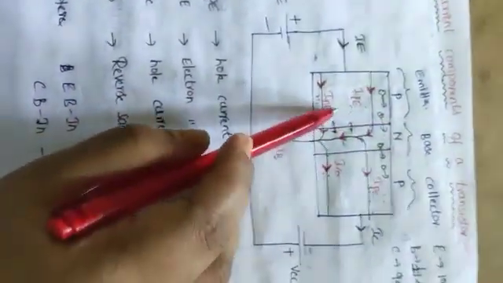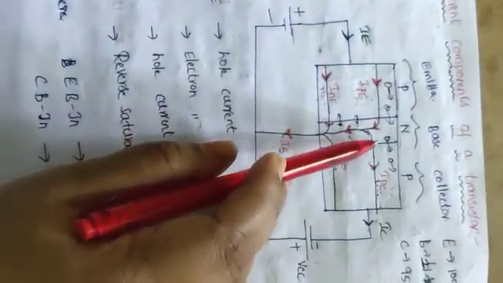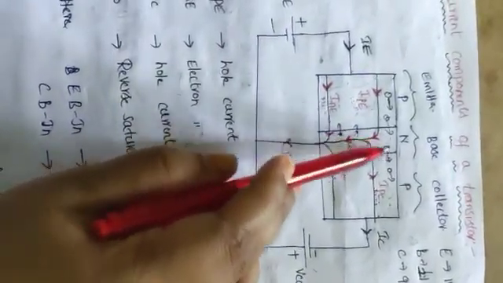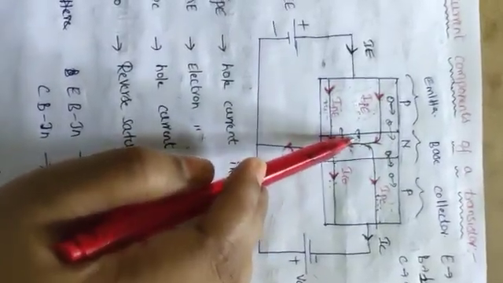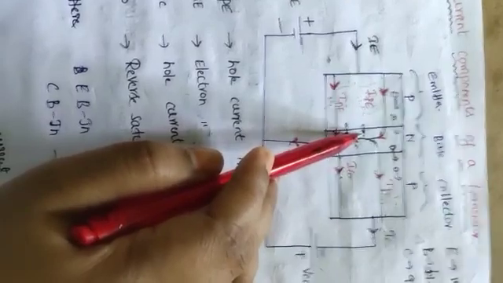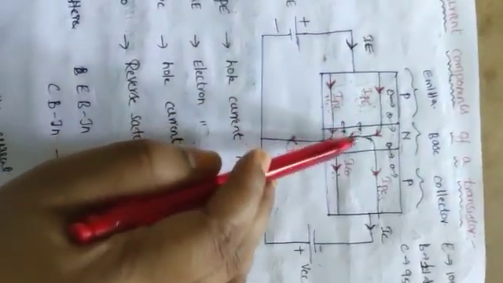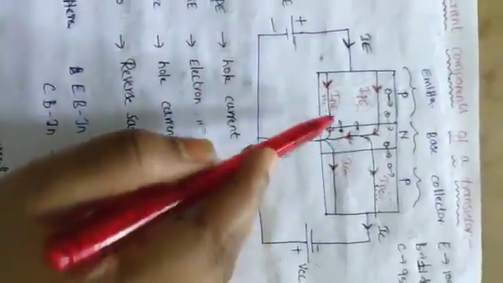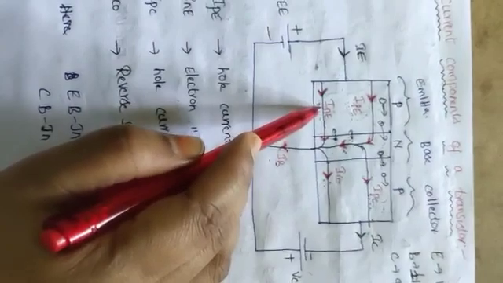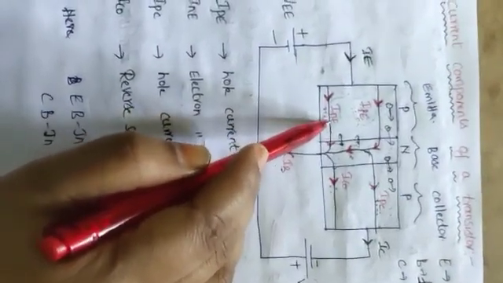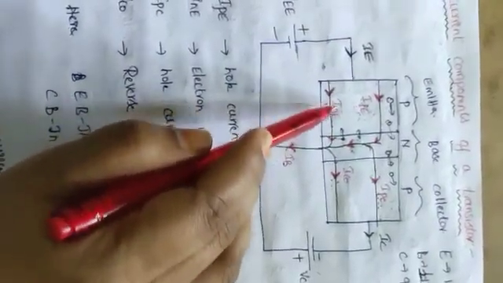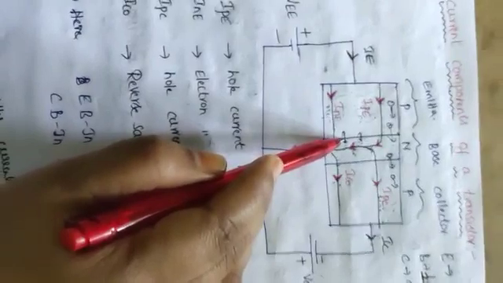In a similar way, the base is an N type region, very lightly doped, so it has fewer majority charge carriers. In N type, the majority charge carriers are electrons, and they move from the base to the emitter. This is the electron current in the emitter region, INE. Since electrons move from N to P, the direction of electron current is opposite to the direction of electron movement.